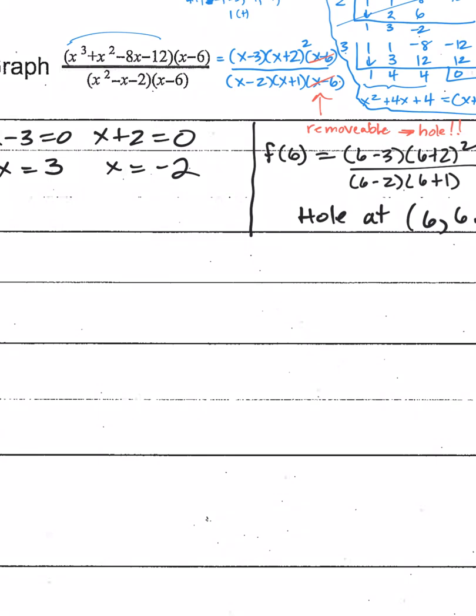And you know what I'm going to do? I'm going to put that on my graph. Is anybody confused about what I did? Did you follow it? We take the x that makes the hole that we removed and we plug it back into what's left to find the point. So put the point 6, 6.9 on your graph.